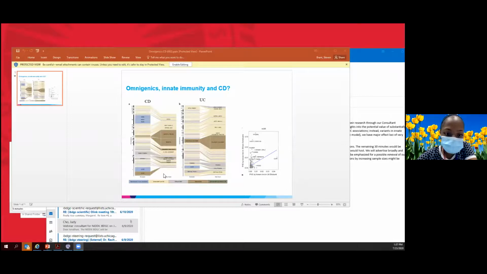So one thing is, in inflammatory bowel disease, we have these major hits, which you can see in this diagram, where the height of the loci, given by gene names, is proportional to the degree of variance that they explain. Could you expand that, please, so it's a little bit bigger?